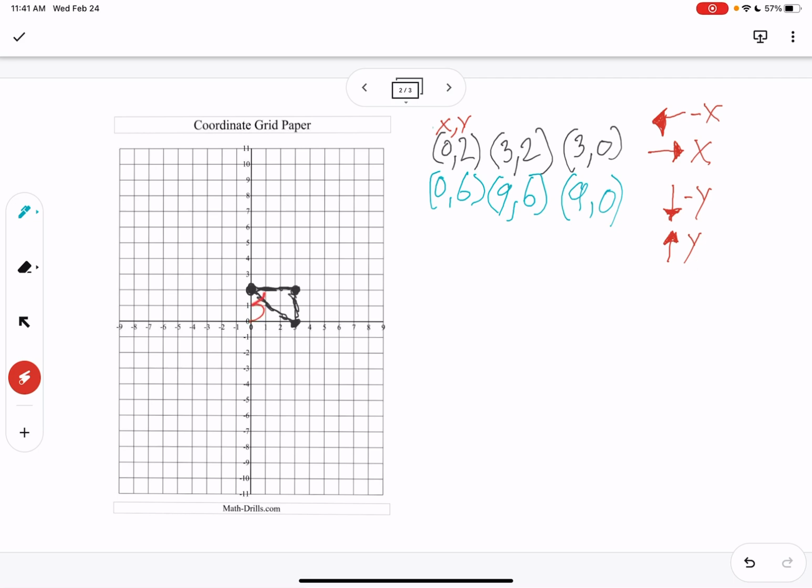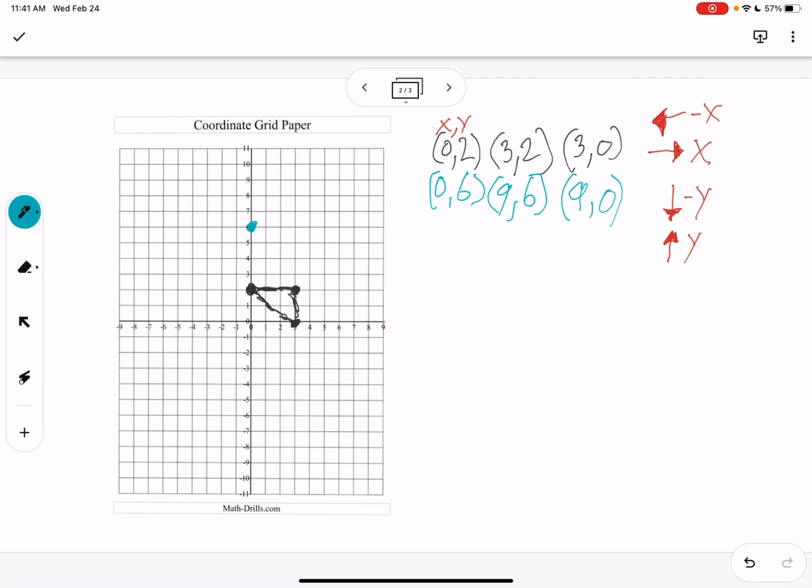So 1, 2, 3, 4, 5, 6. That's where I'm going to put my dot. Now let's look at the next point. This is a positive 9, and we're looking at x here. X, when it's positive, I go to the right. So I'm going to go to the right 9 spaces: 1, 2, 3, 4, 5, 6, 7, 8, 9.